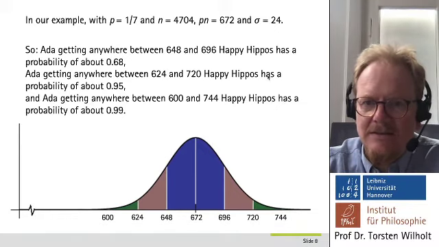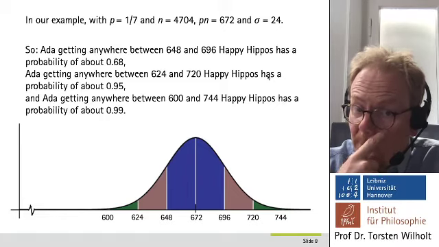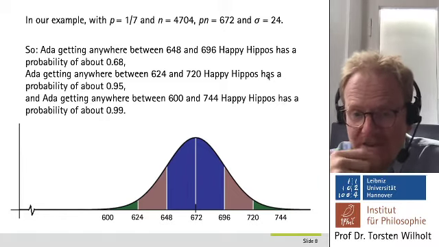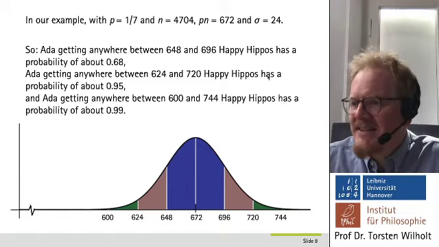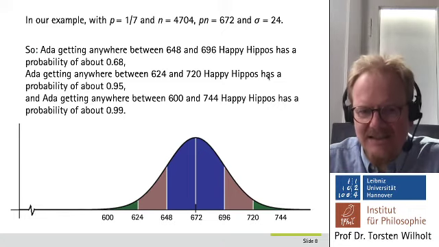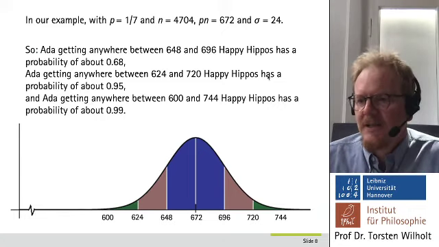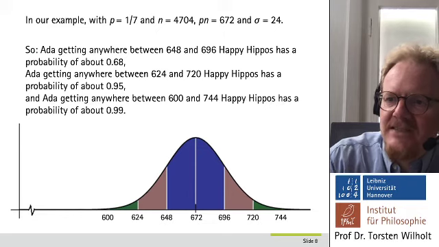So in that sense, the result that Ada actually got, so what I said is she got less than 600, she found less than 600 happy hippos.